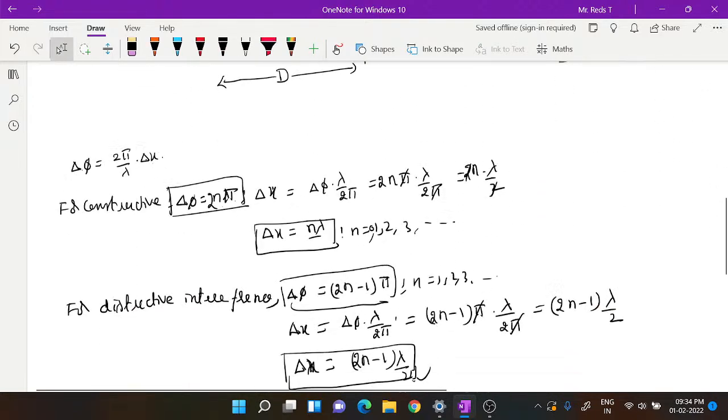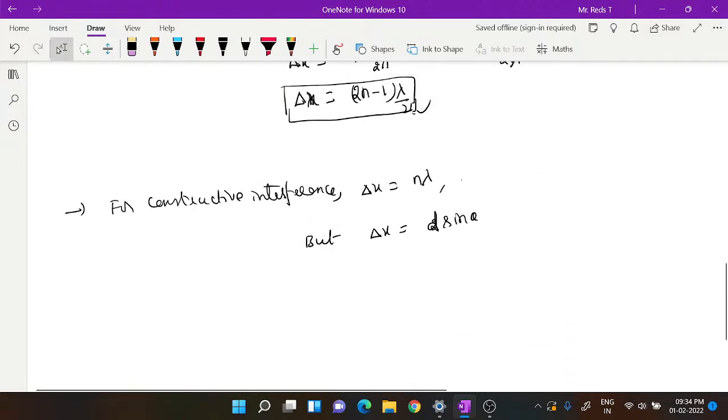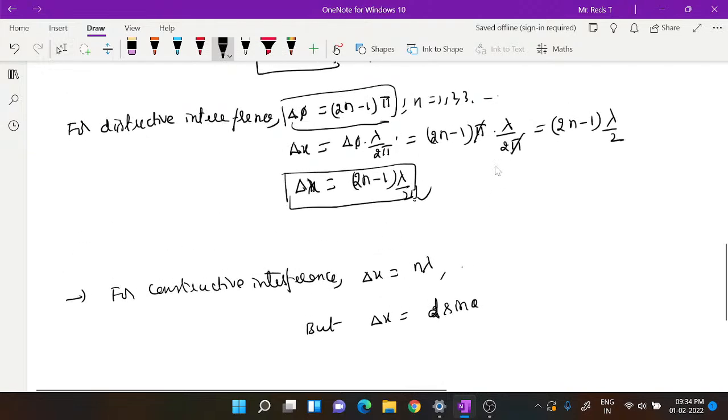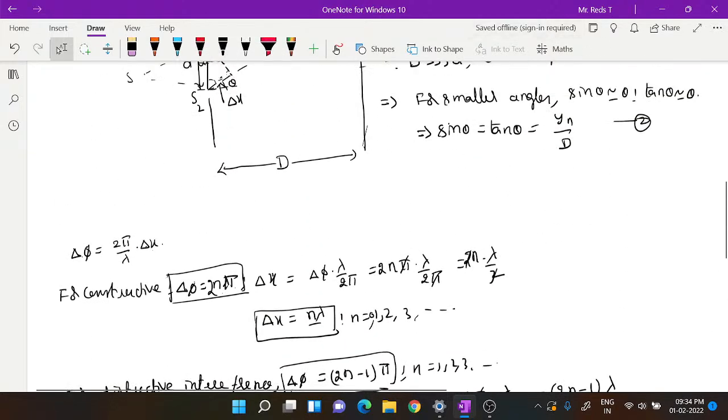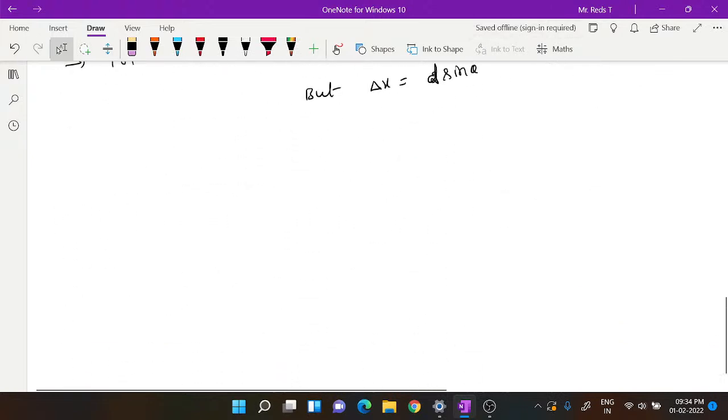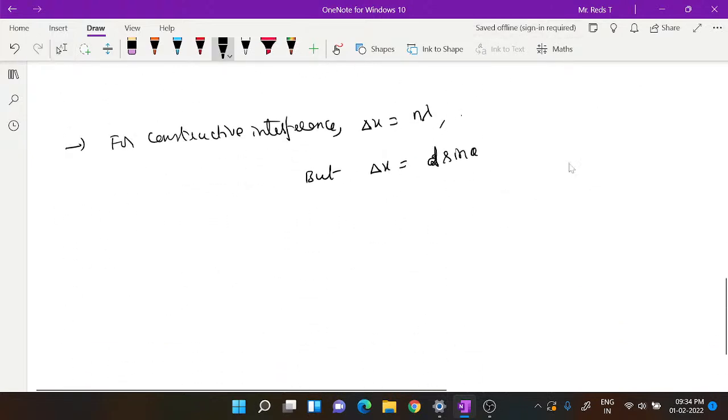From the geometry, sin theta is approximately tan theta, which is equal to yn by D. If you substitute this here, it is equal to small d into yn by capital D, where yn is the position of the nth fringe. Here for constructive, take it as the bright fringe.